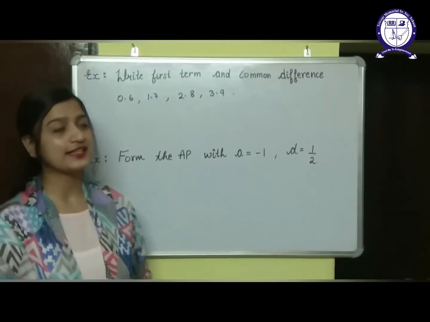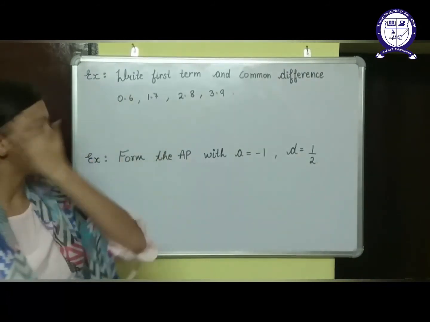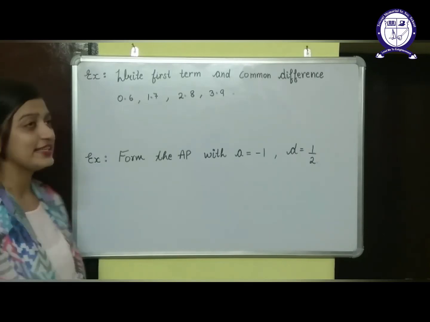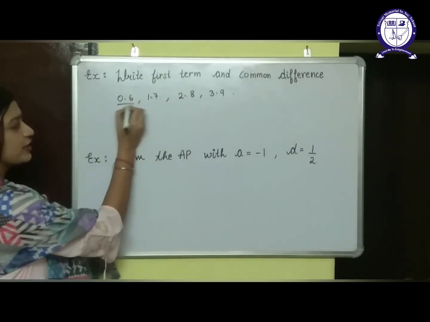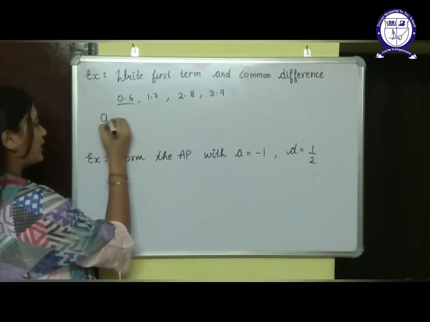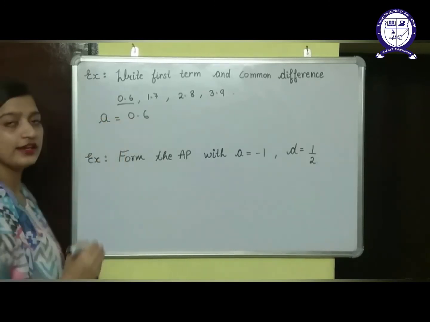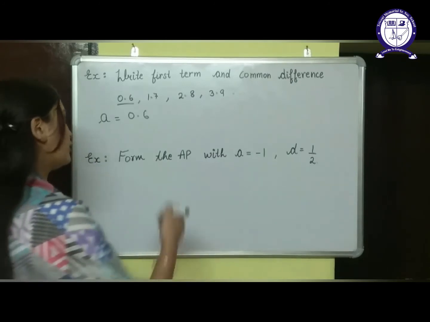Now coming to the next example, write the first term and the common difference for this AP. Now this is the type 3 question. You can see that the first term is very simple to find, that is the very first number in the AP. That is my A, it will be 0.6. Now coming to the value of D, D is found by subtracting two consecutive terms.